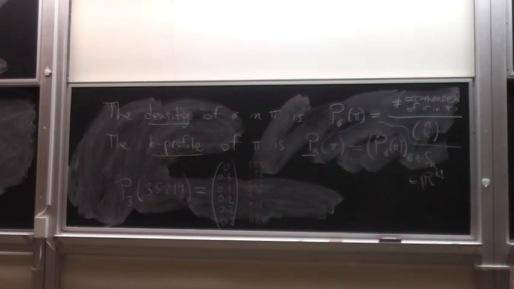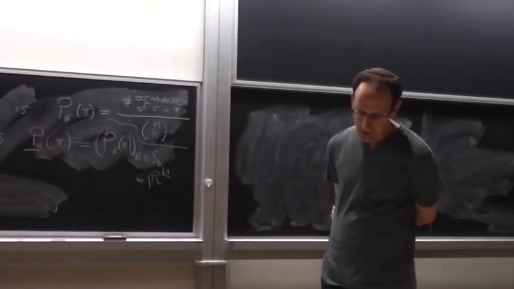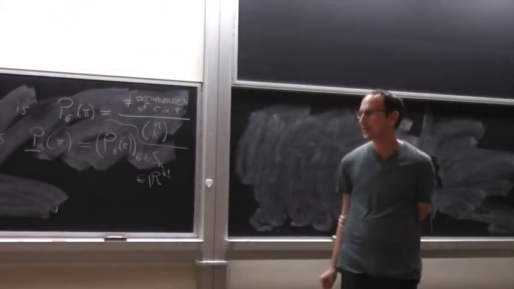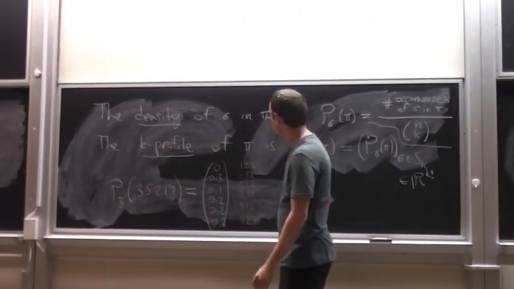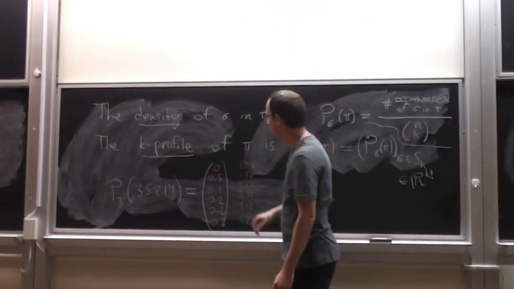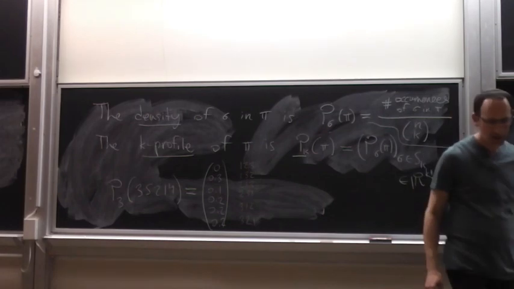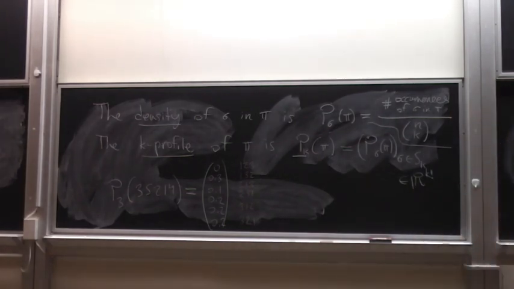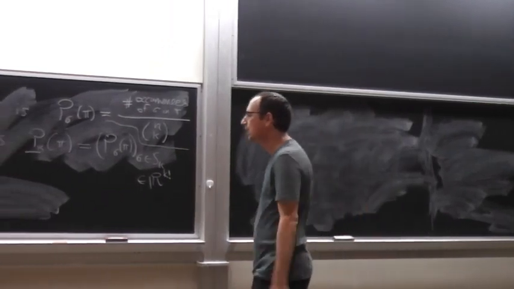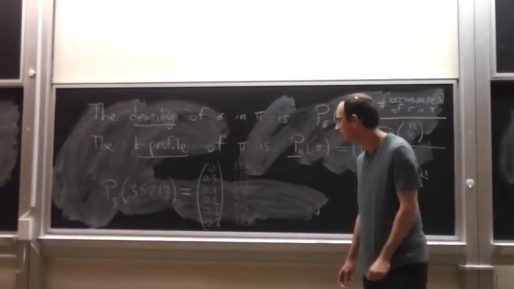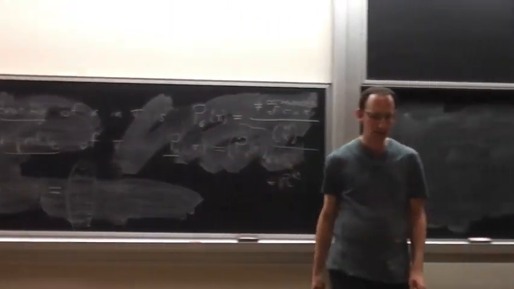So these are pattern densities, and they're good for many things. For example, there are many extremal questions in this area. How many permutations avoid a specific pattern? It leads to enumeration questions, and to extremal questions, like what's the maximum number of occurrences you can have of a specific pattern in a permutation.